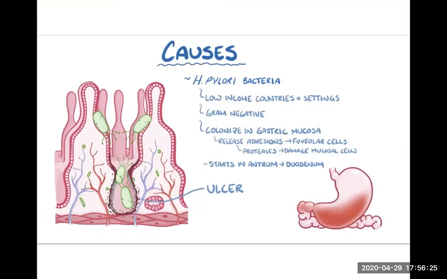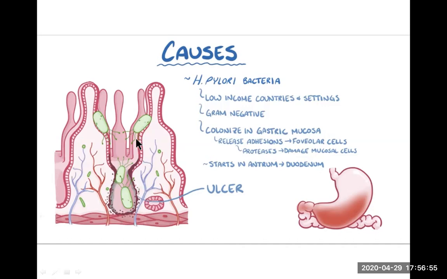Okay, so as we said, about 90% of peptic ulcers are caused by the Helicobacter pylori bacteria. This bacteria is usually found in low income countries, and it is a gram negative organism. These Helicobacter pylori organisms will colonize the gastric mucosa.